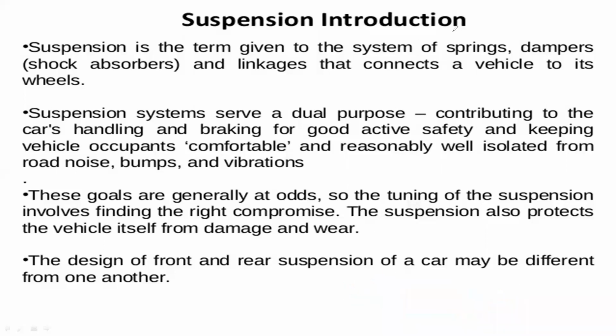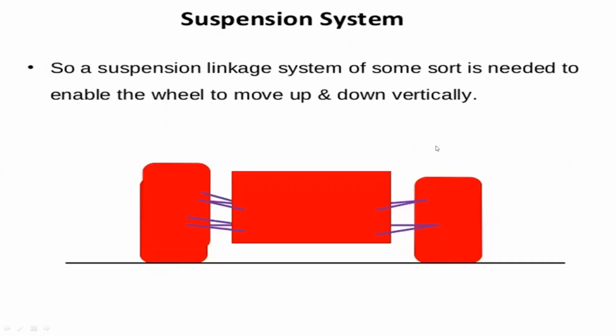And next one, you can see the suspension system. A suspension linkage system of some sort is needed to enable the wheel to move up and down vertically.